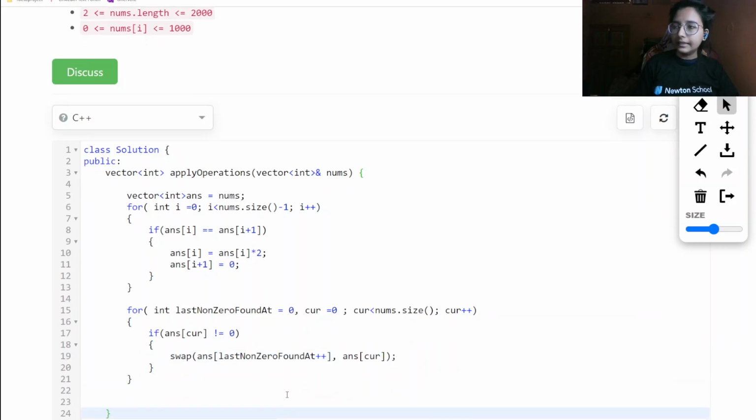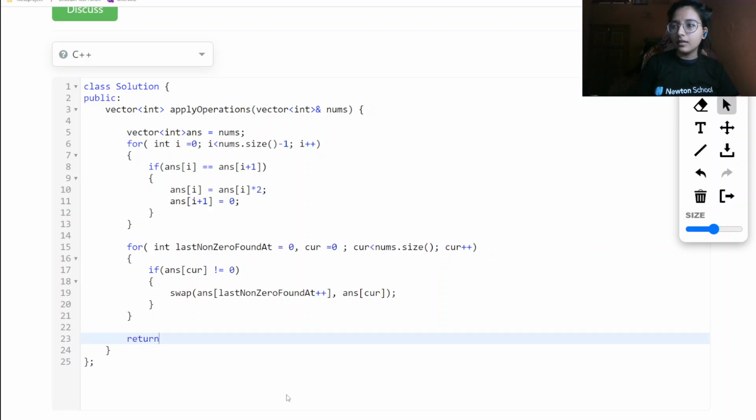And then at the end, we are required to return our answer.